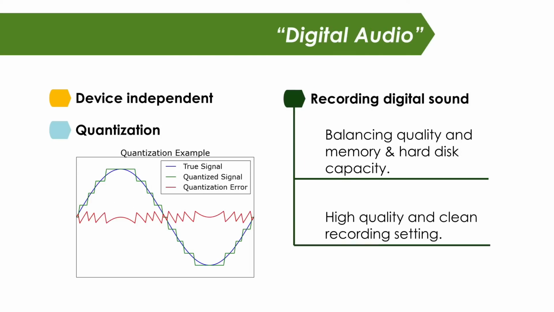Digital audio is known as device independent audio because the quality of the sound or the audio depends on the quality of the recording device, and the quality does not depend on the playing device.